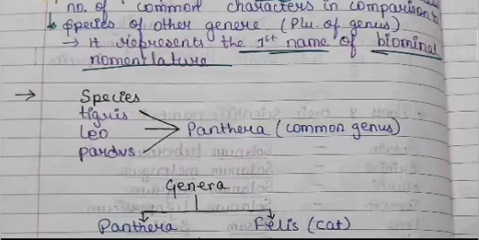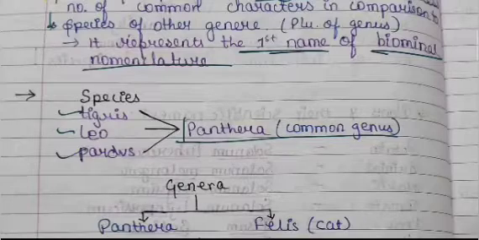Now look at the example of the species Tigris, Leo and Pardus, which have a common genus, Panthera.